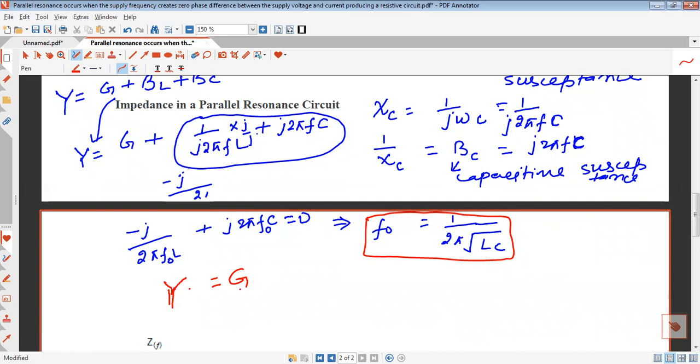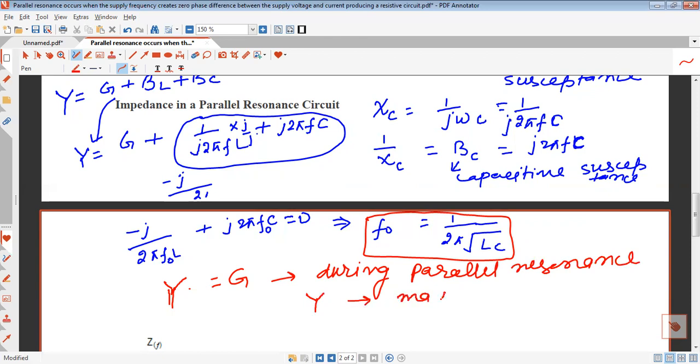During parallel resonance, admittance will be maximum. During series resonance, Z was maximum. I will give you a comparison between series and parallel resonance later.